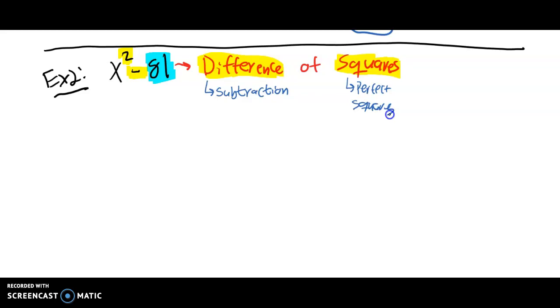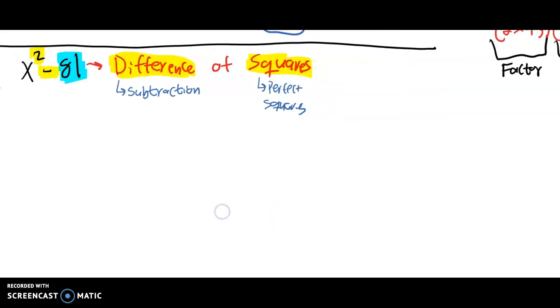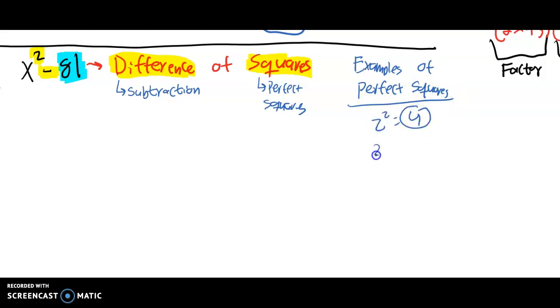To further explain what I mean, I'm going to make a list of examples of perfect squares. So 2 squared is 4, a perfect square, 3 squared, 9 is a perfect square, 4 squared, 16 is a perfect square, and so on and so forth.